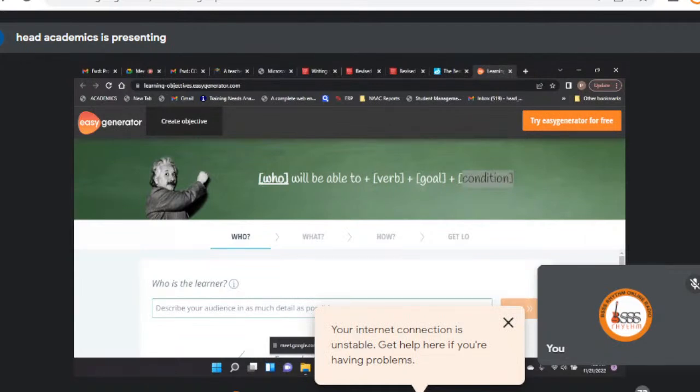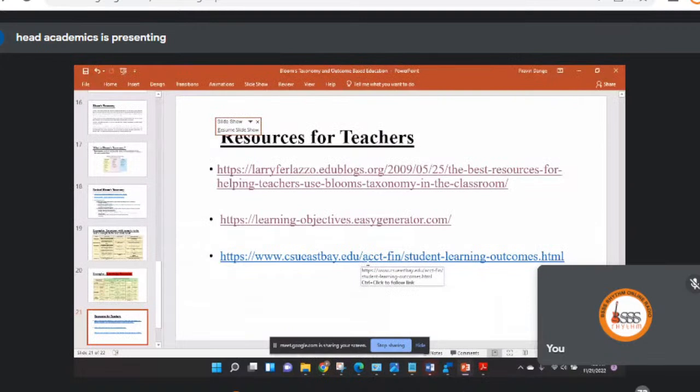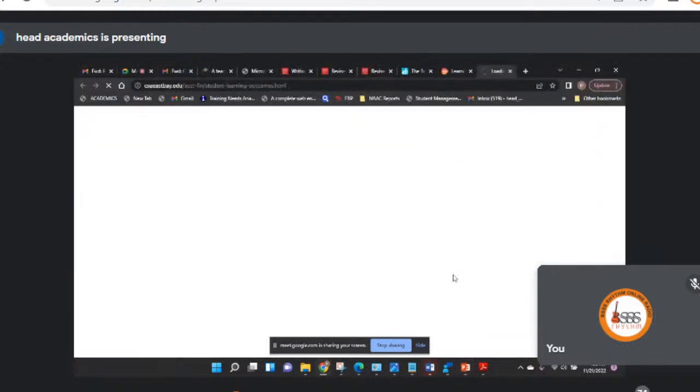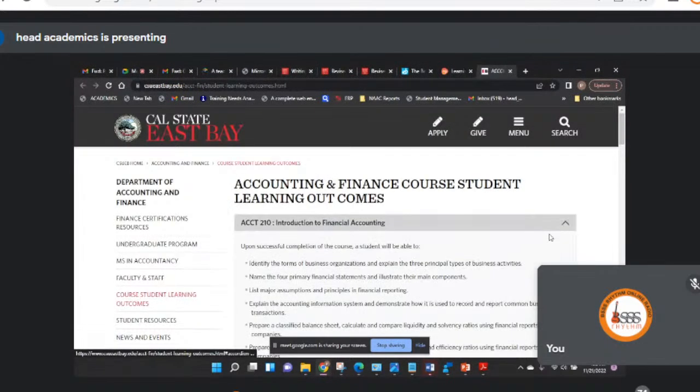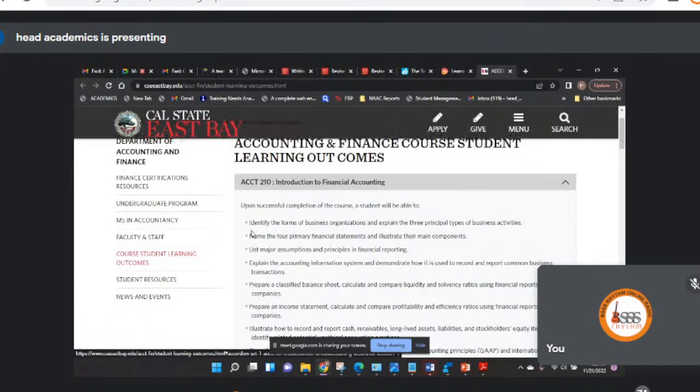And then the third link is one university. I've gone through several university websites, but this university I found the outcomes to be appropriately written. So there, the Bloom's taxonomy verbs are appropriately used.